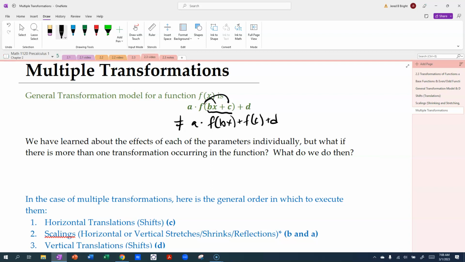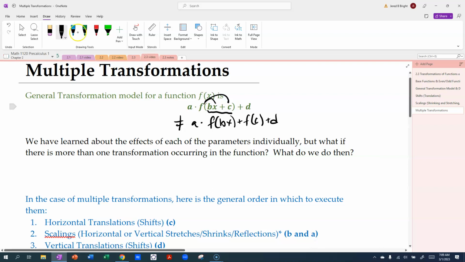And we might think, okay, well, order of operations, PEMDAS, work in parentheses. That's generally a good idea. But before I get to the order I recommend, one more piece of commentary.